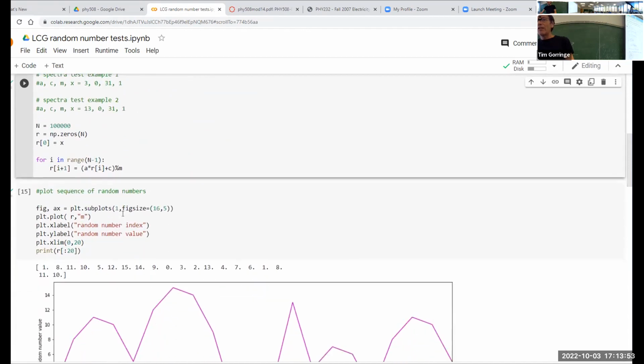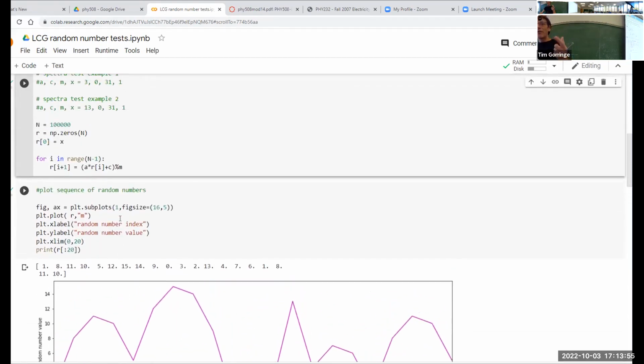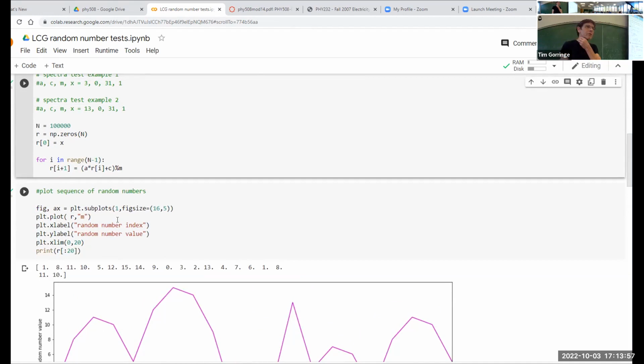At this point, I'm going to show you a handful of plots that allow us to test randomness a little more quantitatively than we've been doing so far. Our test of randomness so far has been to generate numbers with a small enough period that we can just spot by eye that this looks bad or this looks okay.